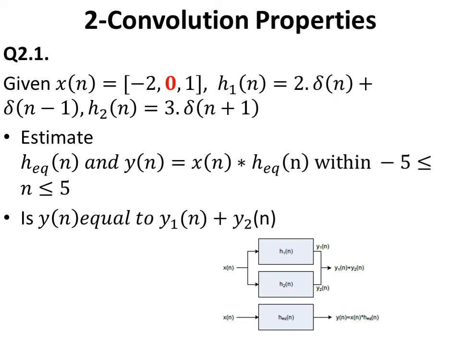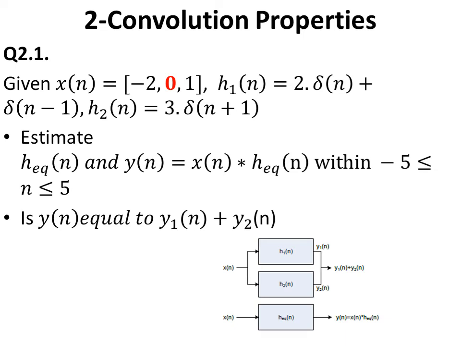Then the next one is, you can find HEQn by adding H1n and H2n, right? Then convolving HEQn with Xn, or convolving Xn with HEQn, you can find Yn, right?